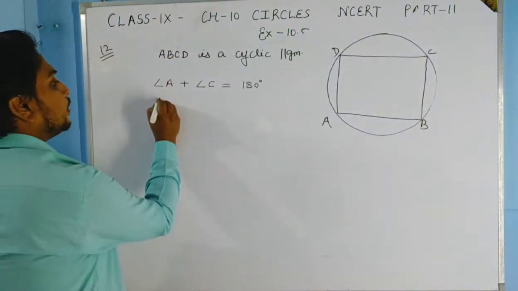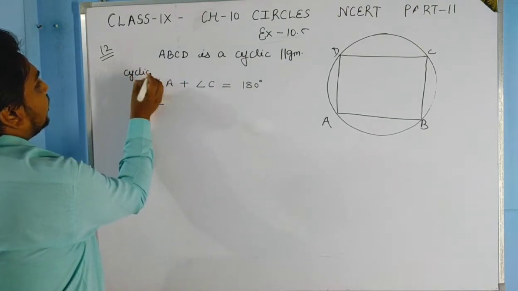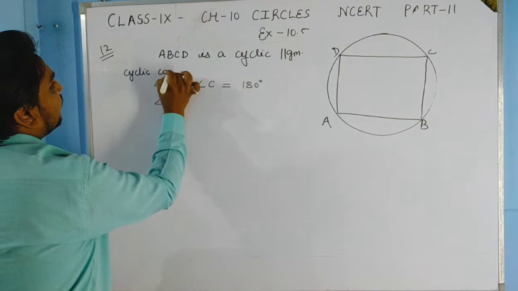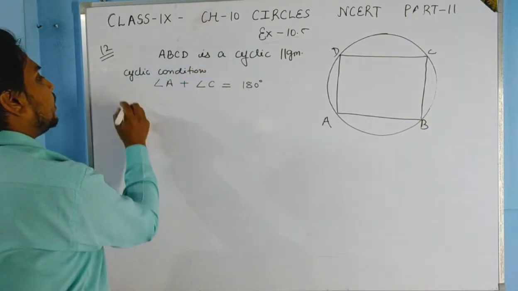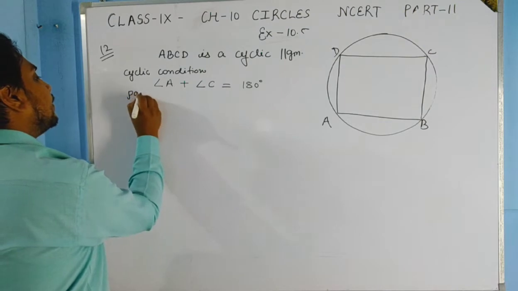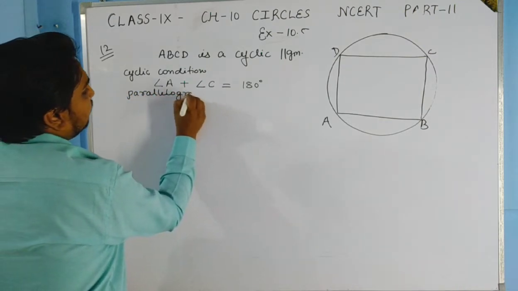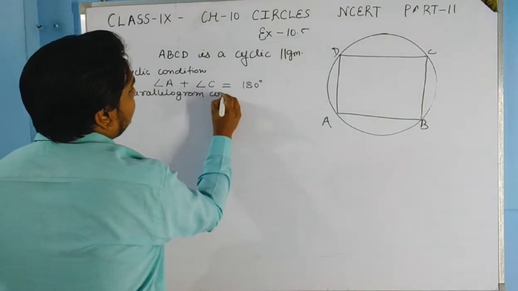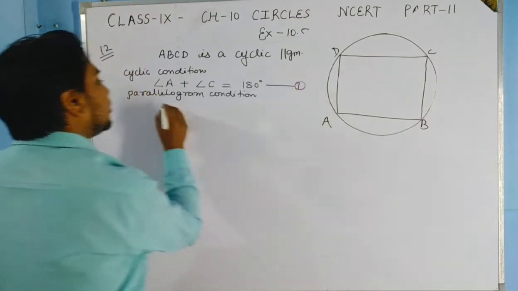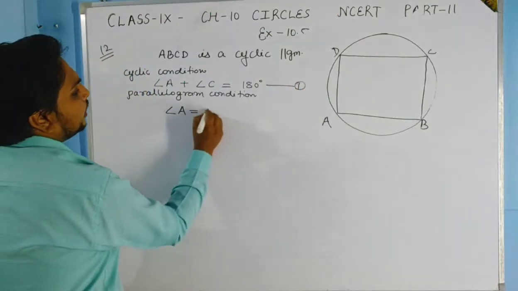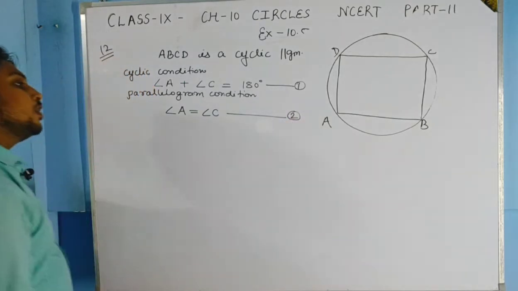So here you can write the cyclic condition, and here you can write the parallelogram condition. This is the first equation, and here you can write that angle A is equal to angle C. This is the second equation.